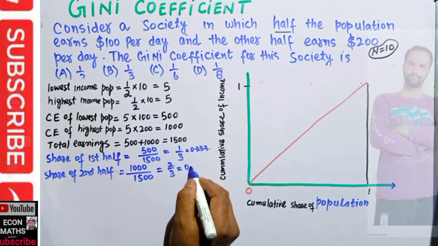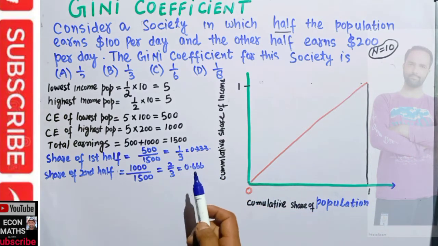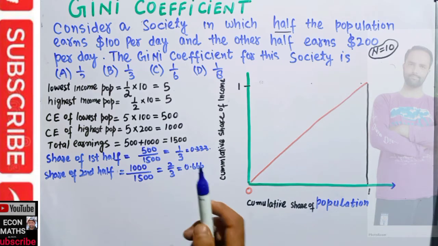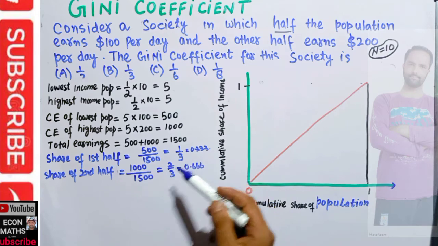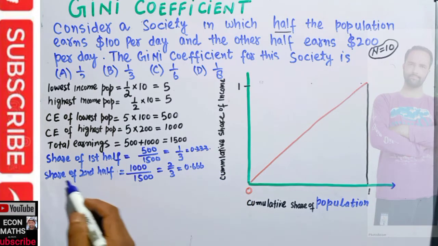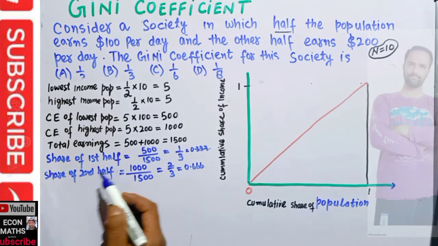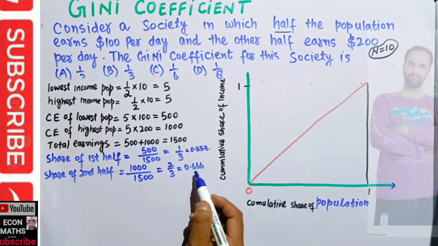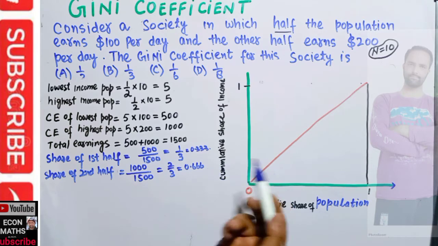You can see it will come out to be 0.666 and so on. That means 66.66% of total income is being owned by the second half of the population, or 50% of the population owns 66.66% of total income in this society.